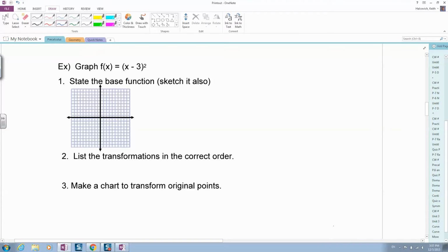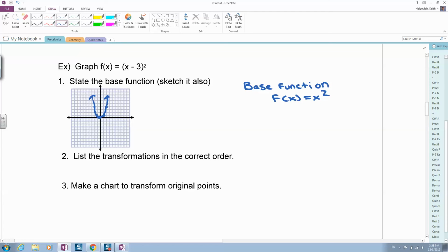So let's try this again. We have f of x equals (x minus 3) squared. Remember, the base function is f of x equals x squared. Normally it would be 0, 0, 1, 1, and 2, 4, and -2, 4.